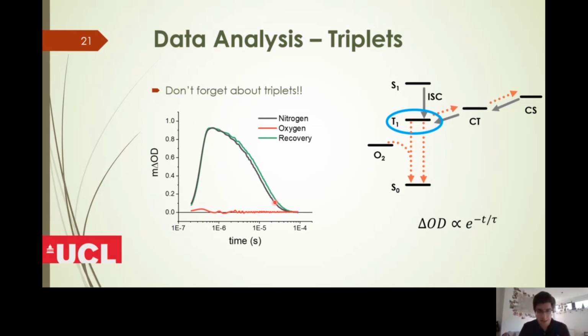It is very important that you do this recovery part, because that's going to give you the proof that this process is reversible, okay? Because oxygen quenching is a reversible process. Otherwise, you don't know if this quenching is due to oxygen quenching or maybe because the oxygen is destroying your sample.